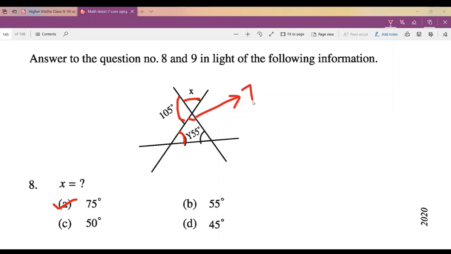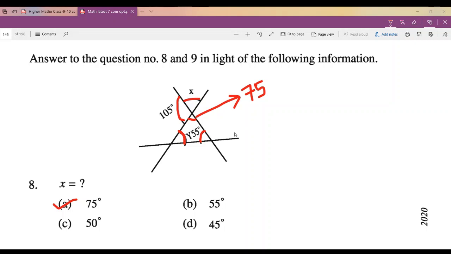And this is 55. With 55 and 75 and Y, we know the sum of three angles of a triangle is 180 degrees.